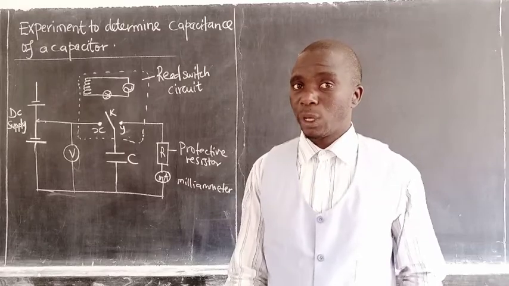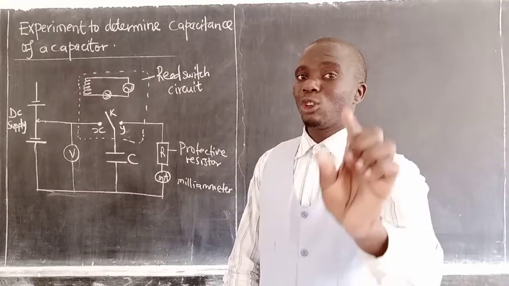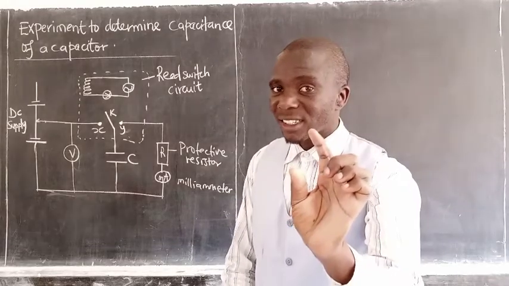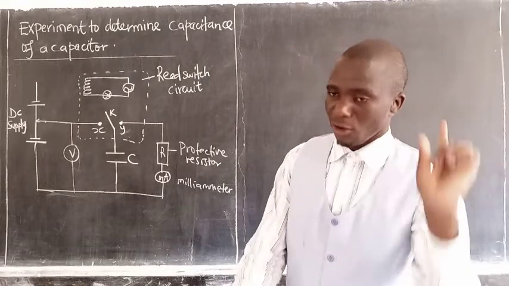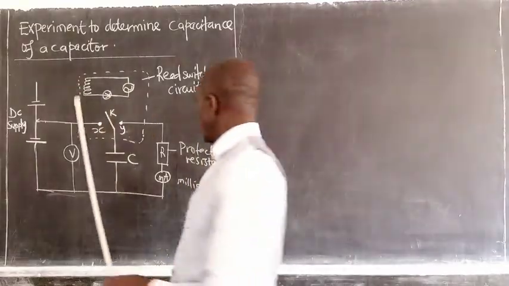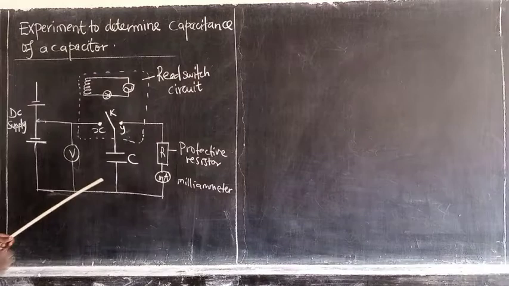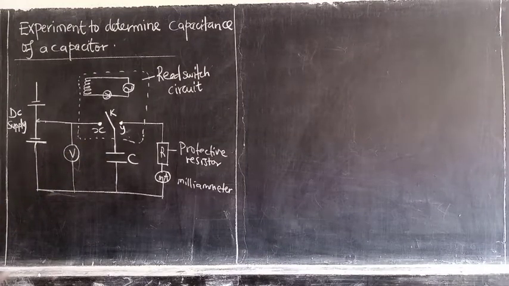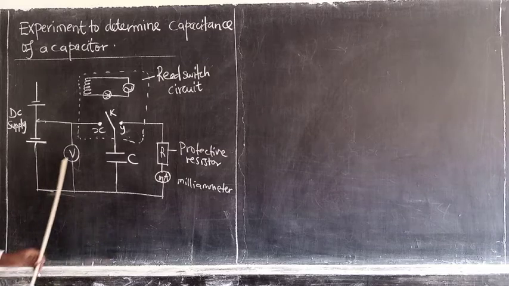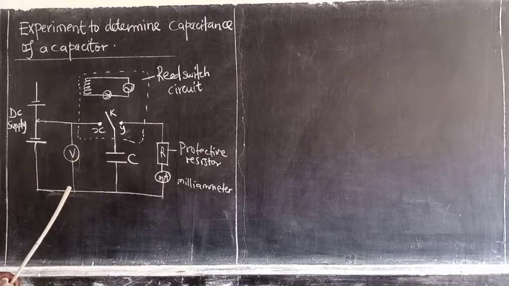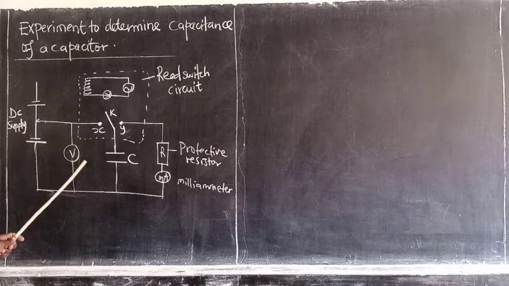Remember, we are saying that capacitance is the ratio of magnitude of charge to the potential difference. You can refer to the previous lesson. So when I need to get this capacitor, I put it in this arrangement as shown. And by the way, this arrangement is very important for capacitors.